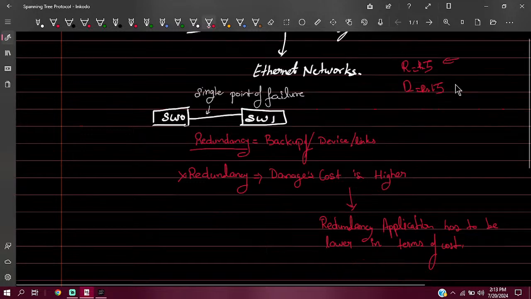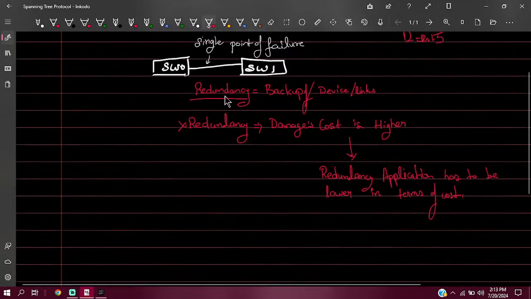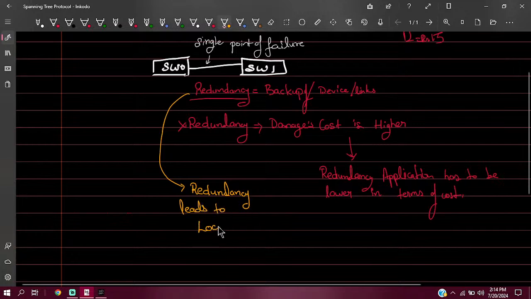Now, when you give redundancy in the network to mitigate a single point of failure, guys, always remember, you will face one challenge: redundancy leads to loops.